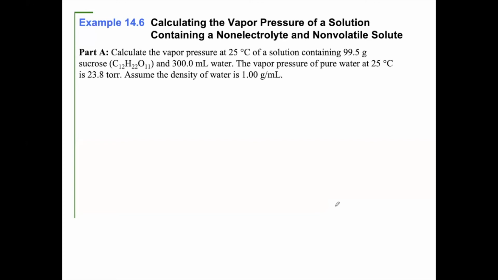So just to go over a little bit of what is in the chapter, like what the point of this is, vapor pressure of a solution is less than the vapor pressure of a pure solvent. So whatever answer we get for this problem is going to be less than 23.8 torr. And the reason it's less can be explained mainly in two ways. One, there's a tendency towards mixing.